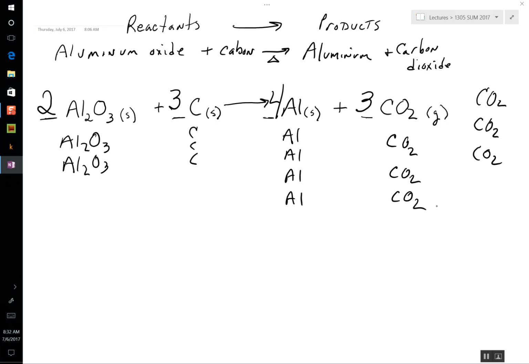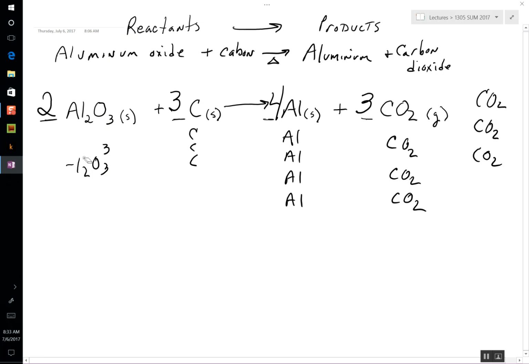All right. Now we could read that as 2 formula units of aluminum oxide plus 3 carbon atoms yields 4 aluminum atoms plus 3 CO2 molecules. That's it at the atomic level. But if we multiply every one of those coefficients by Avogadro's number, which is 1 mole, we would convert that into the moles of those things.